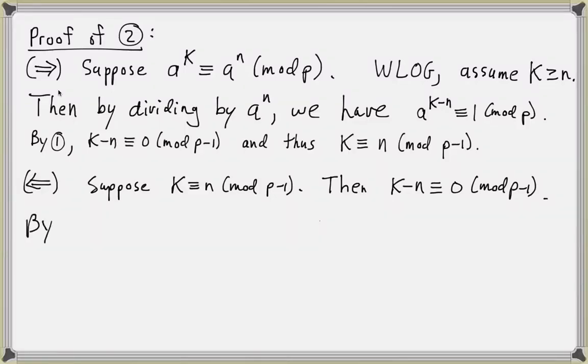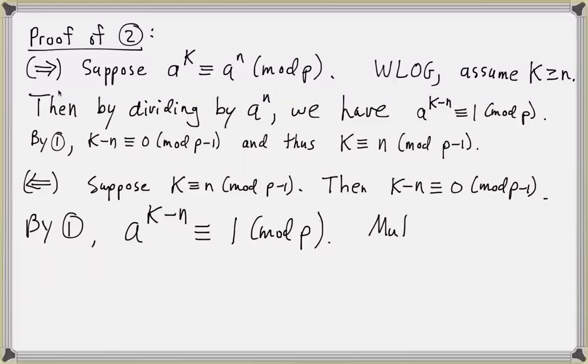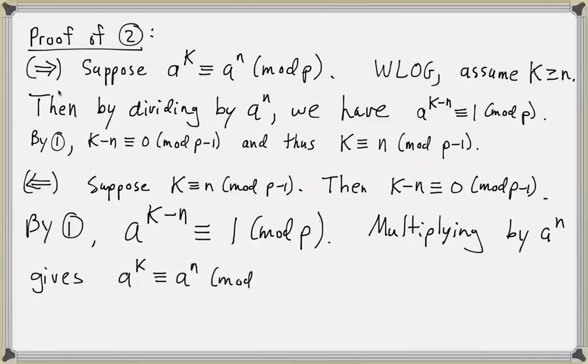Again, using the first part by 1, a to the k minus n is therefore congruent to 1 mod p. And then multiplying both sides by a to the n gives us a to the k congruent to a to the n mod p.